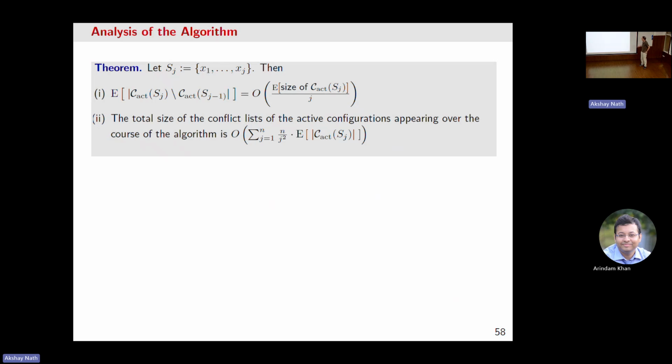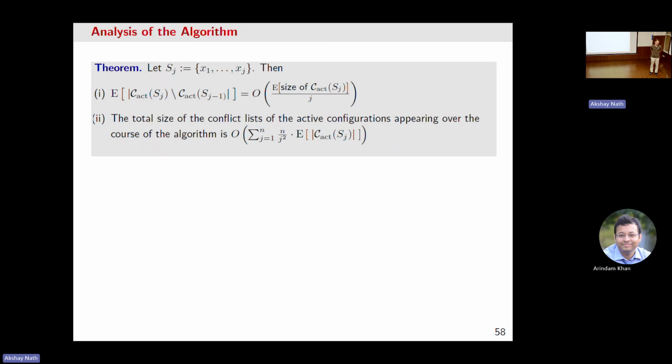Okay, and then we have this lemma. So this was saying that the number of new configurations that appear, in this case triangles, the ones that are present after step J but were not present before, the expected number is this. So what is it at this point?